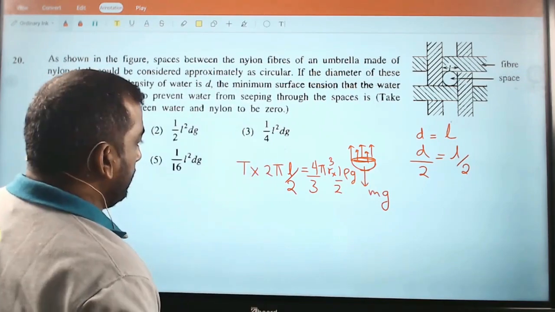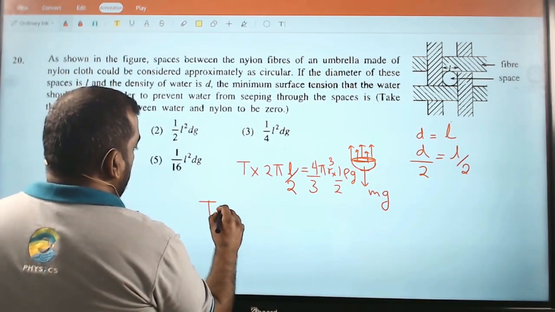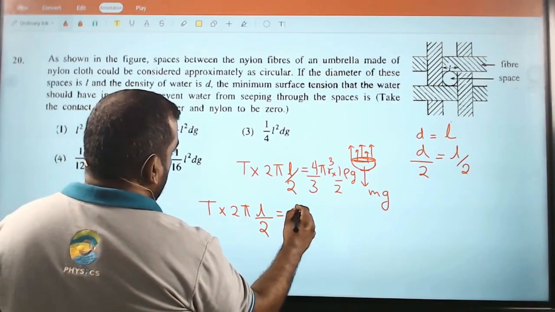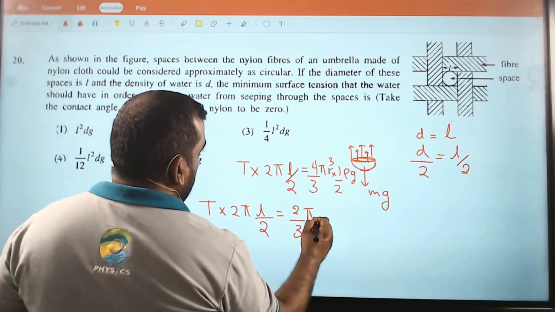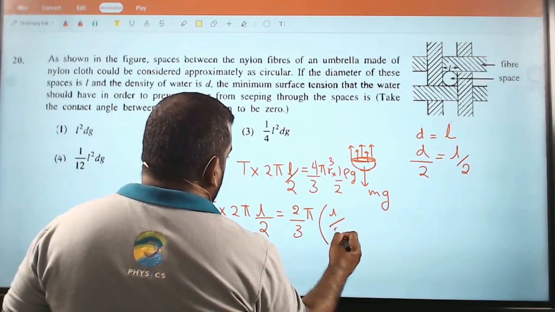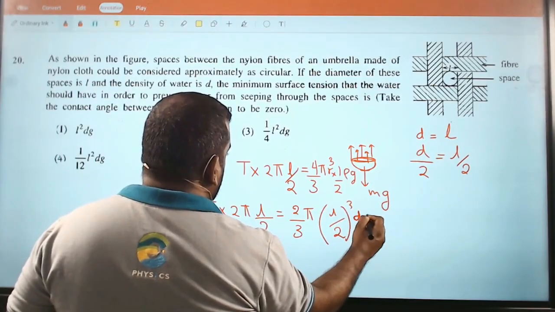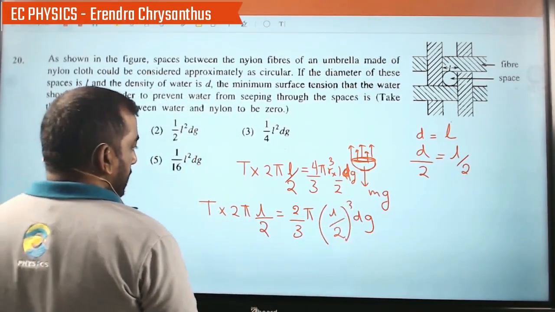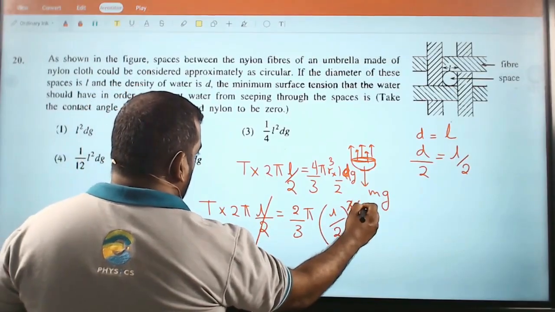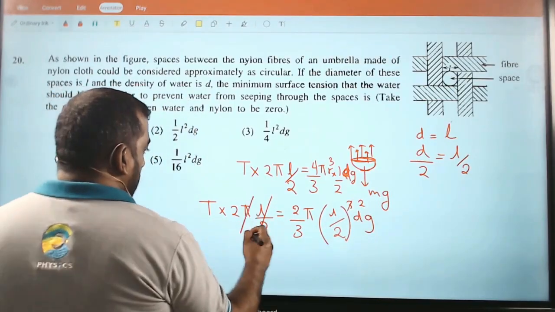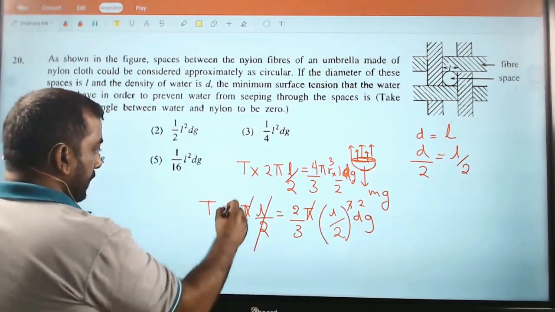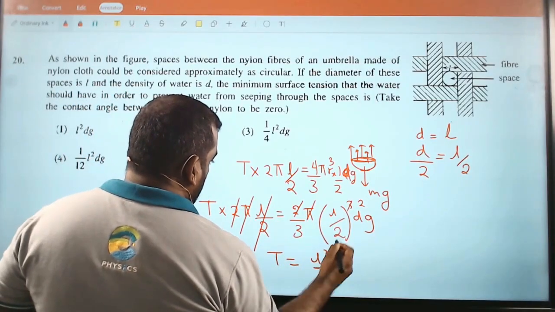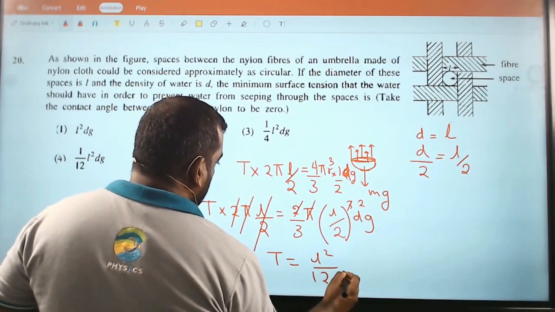Simplify it carefully. T times 2 pi L over 2 equals 2 over 3 pi, radius L over 2 cubed, d g. L over 2 cancels off, pi cancels, 2 and 2 cancel. T equals L squared over 4 times 3, 12, d g.